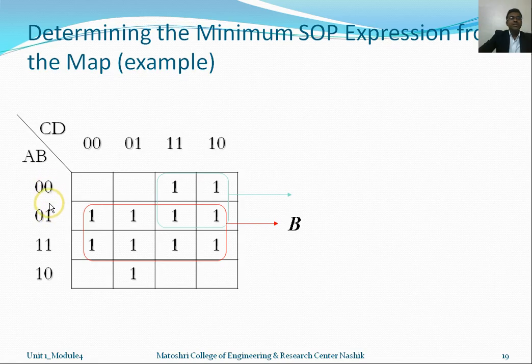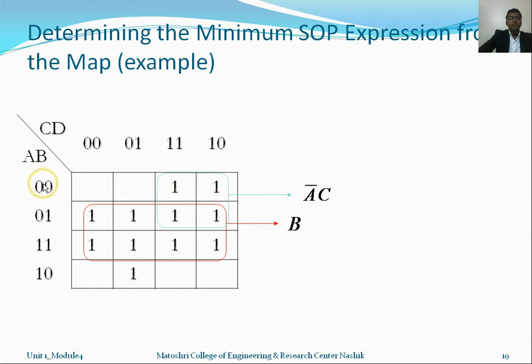So B is neglected, and from the row side we get only A. Similarly, we calculate from the column side. These two values are compared: for the 1 and 1, the value of C is constant, but the value of D switches from 1 to 0, so the D variable is ignored.